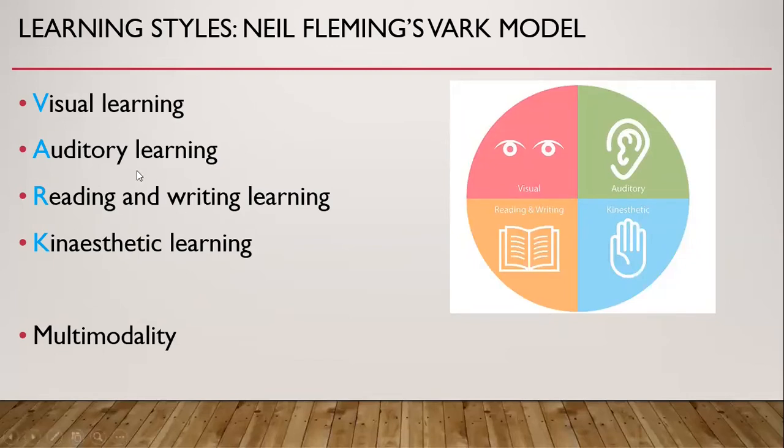Learners who prefer auditory learning are benefited by audios and videos. Learners who prefer reading and writing learning are benefited by text material, and learners who prefer kinesthetic learning are benefited by practical hands-on training. Some of the learners learn using one or more of these modalities, hence multimodality approach.